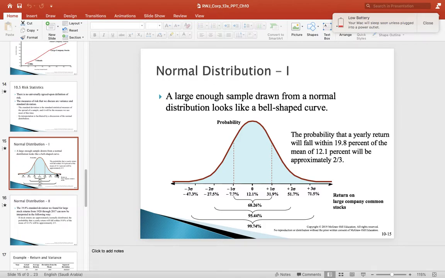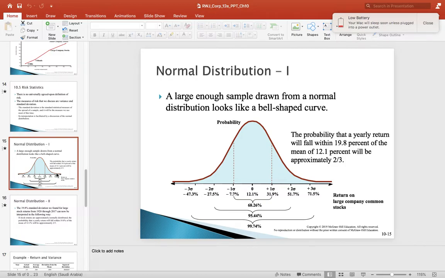Similarly, if you take 2 standard deviation plus and 2 standard deviation minus, 95.44% of the time there are chances of that. That means the return may go up to 51.7%, 31.9 plus 19.8 is equal to 51.7, or the return might go negative to a 27.5% loss.